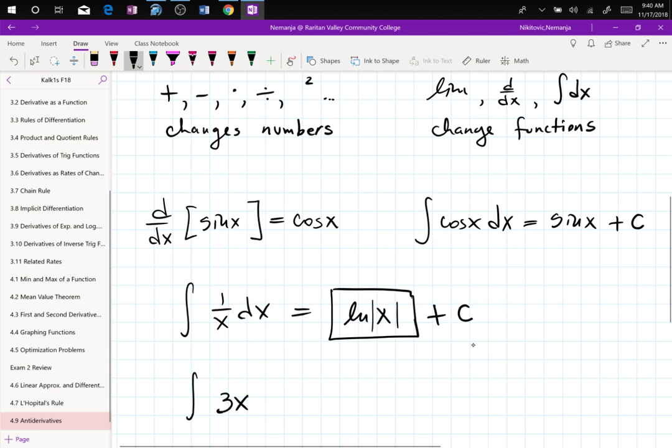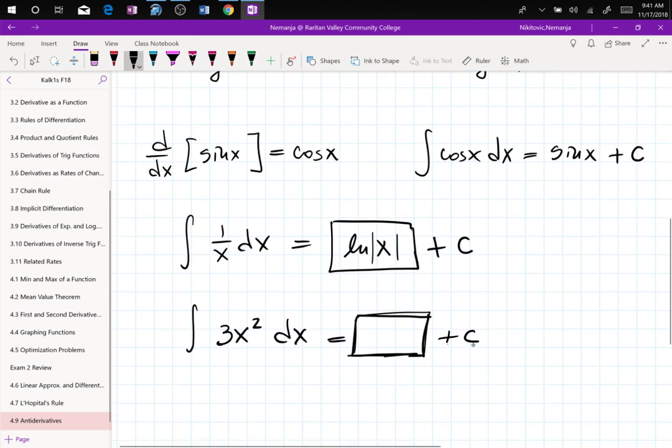Integral of 3x squared dx is equal to what? So what should go into the box? X cubed. Very good.